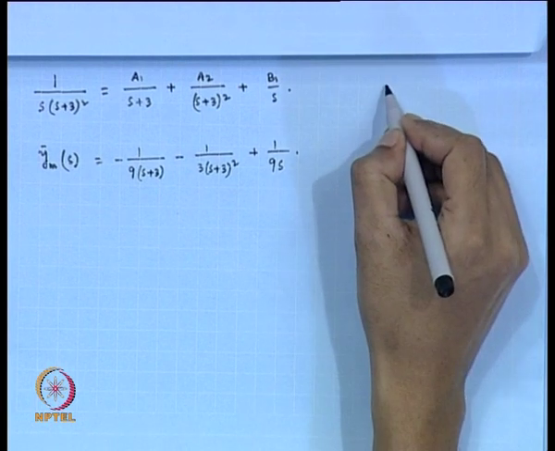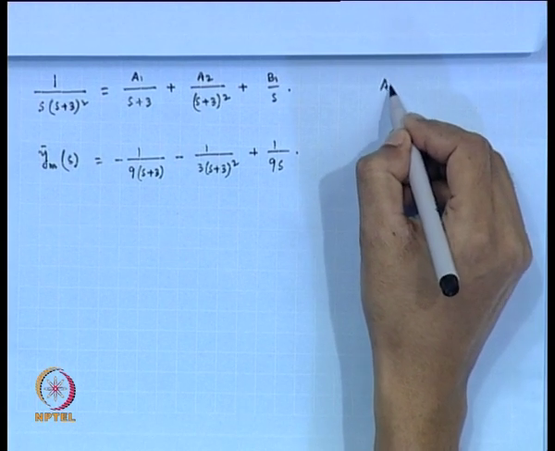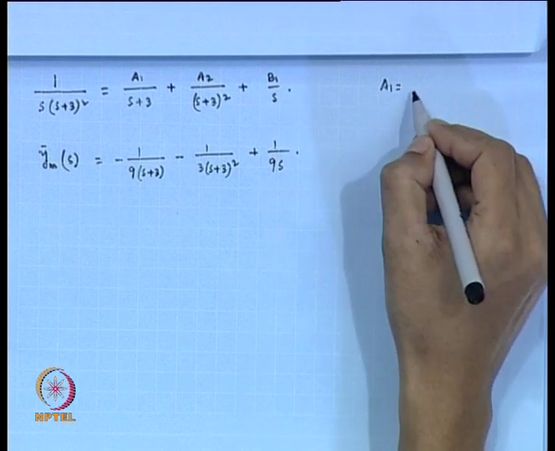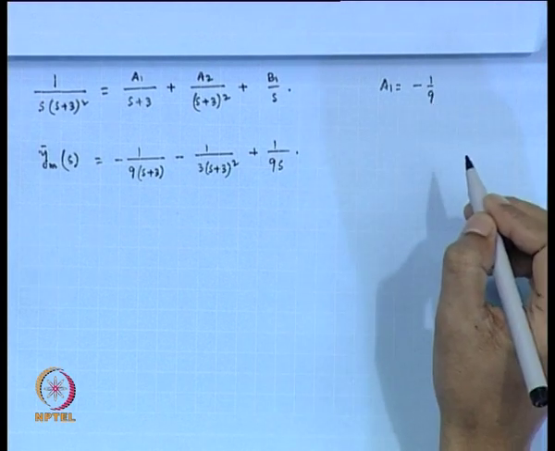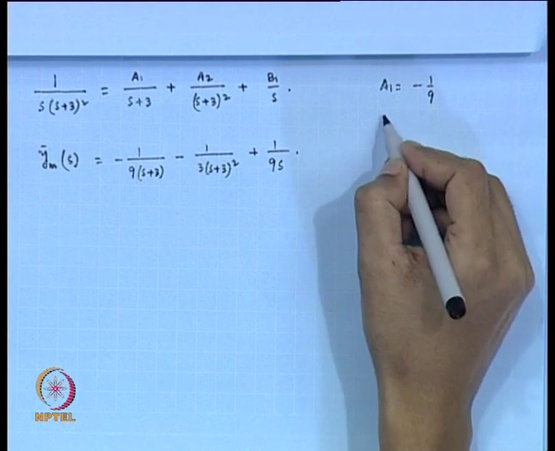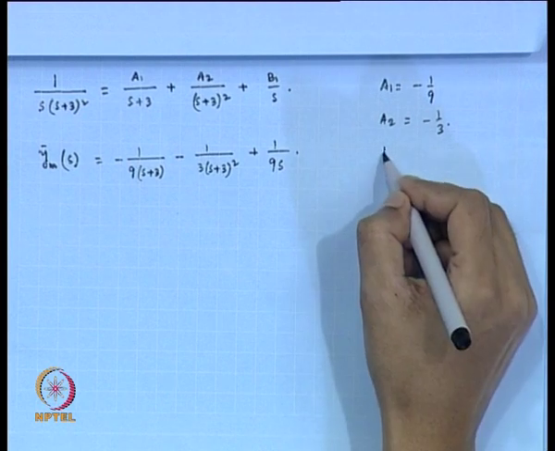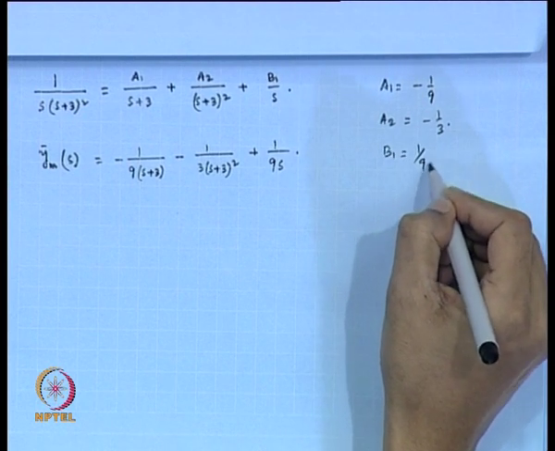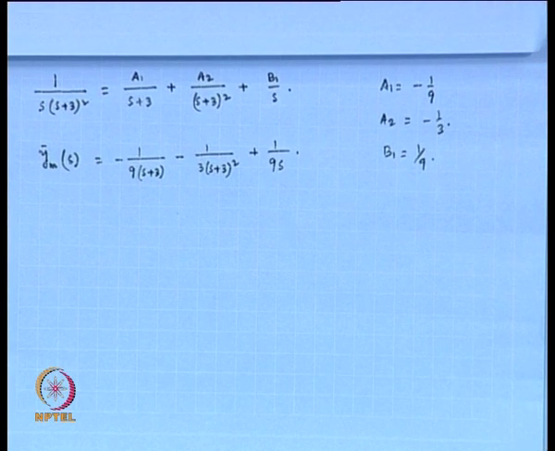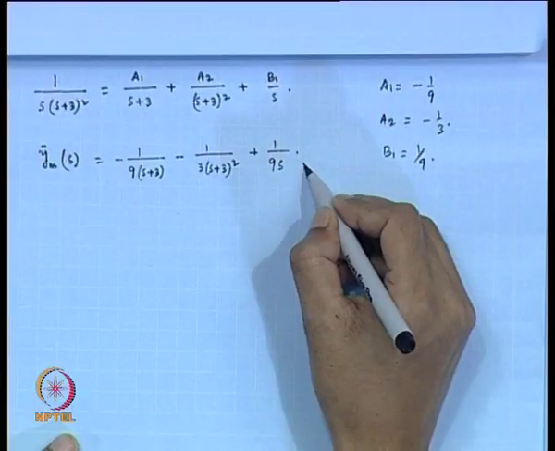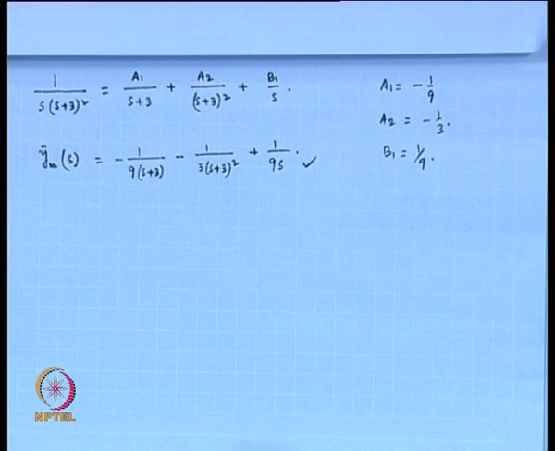That means, we got a1 equals minus 1 by 9, similarly a2 equals minus 1/3 and b1 equals 1 by 9. Fine. So, the determination of these coefficients is left for you. So, this is the ultimate form of ym bar.